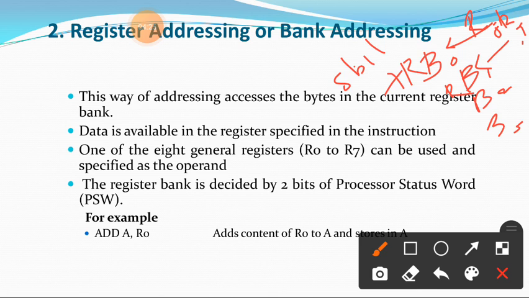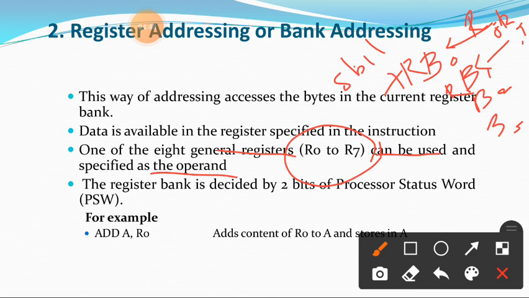In this addressing mode, one of the 8 general purpose registers can be used and it is specified as the operand. So data is available in the register specified in the instruction.